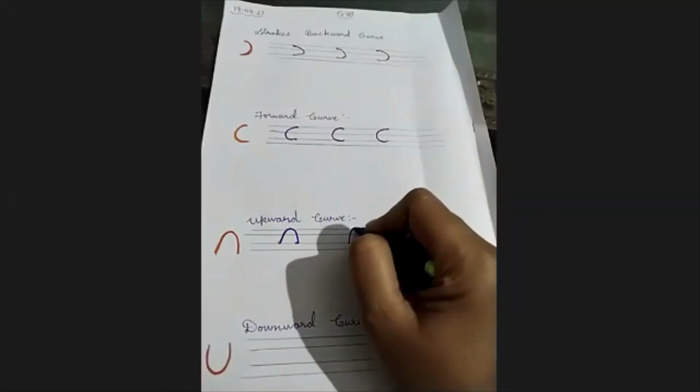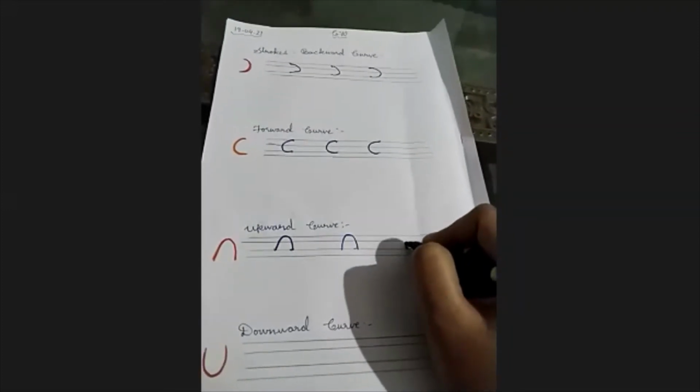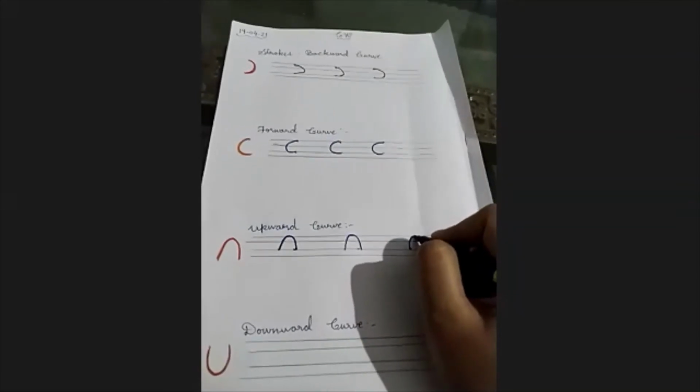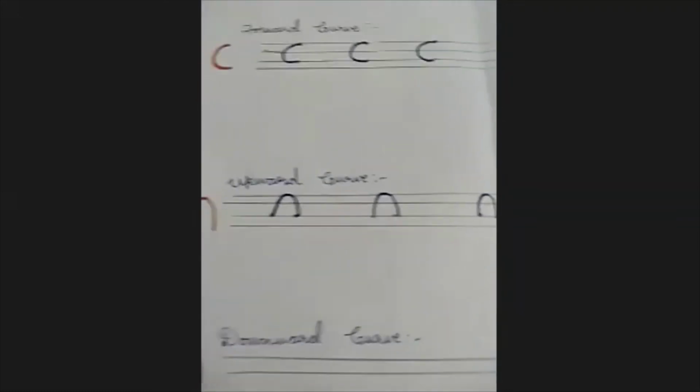Okay, this is upward curve. Again, the same way. Start from the dot, go up, touch the top line, make a curve, come down and touch the dot. This is upward curve.